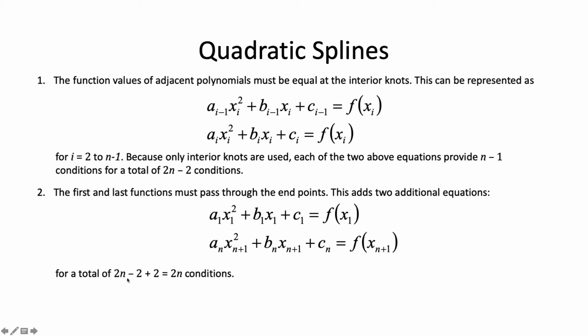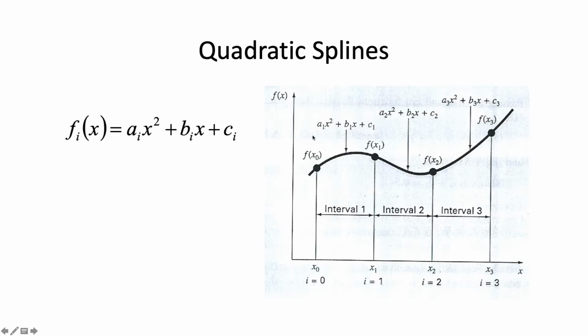For a total of 2n minus 2 plus 2 equals 2n conditions. What this means is that this at x naught must be equal to f of x naught, and this at x3 must be equal to f of x3. So now you have 4, which is your 2n minus 2, plus 2 here and here, conditions, which in total becomes 6.